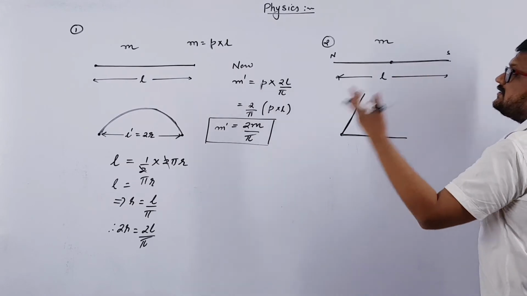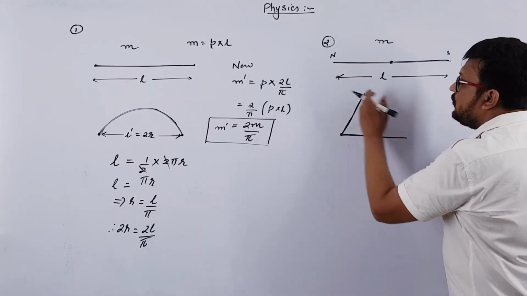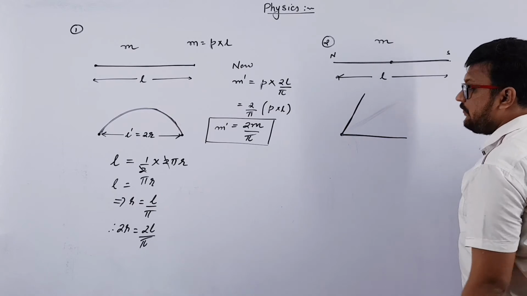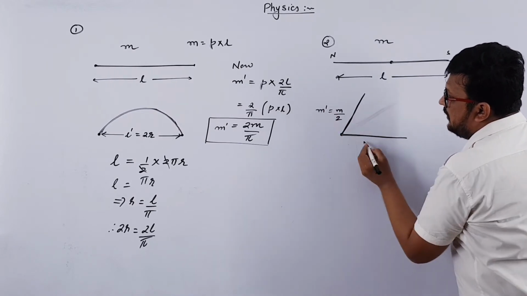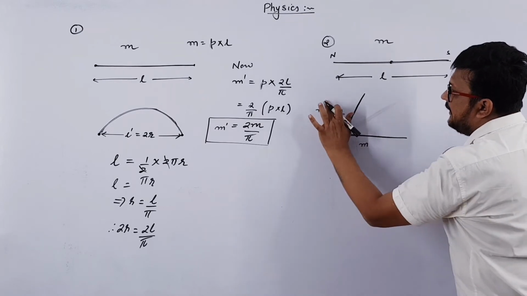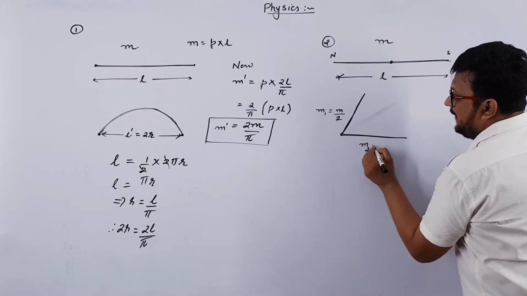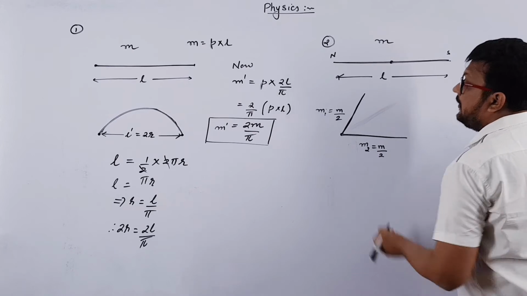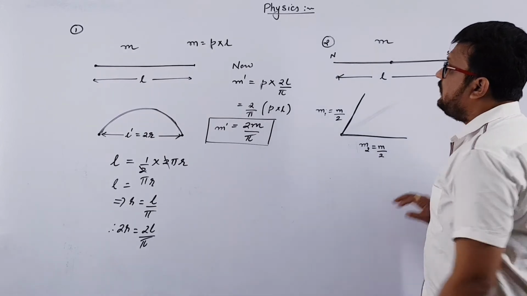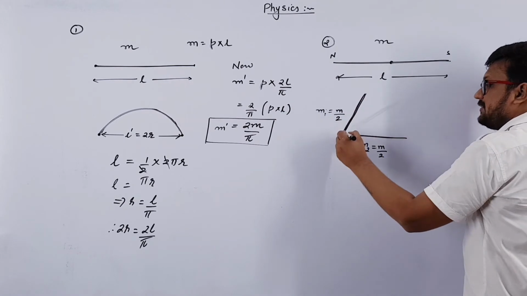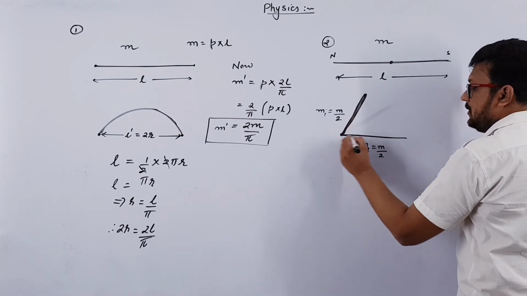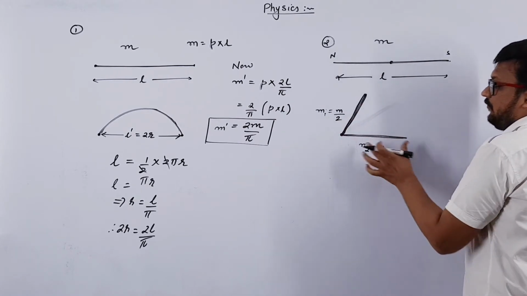We have discussed in our last video lecture that if you cut a bar magnet into half of its length, its magnetic moment M dash will be equal to M by 2. Here let us write M1 and M2, each equal to M by 2 because length is half. If M is equal to P into L, now if you bend this, we consider it as two different magnets of length L by 2.